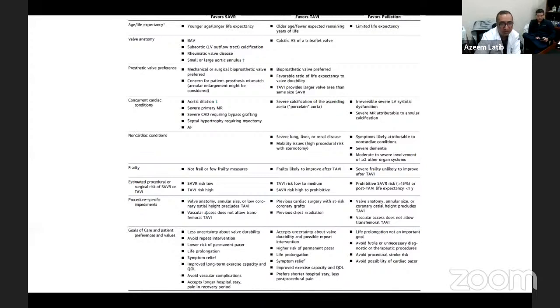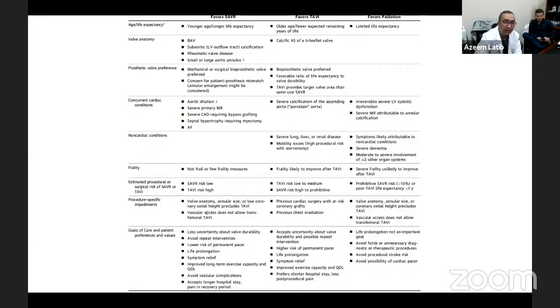But if the surgeons are reluctant to do root enlargements, you may want to do a TAVI because you will end up giving the patient a larger valve area and less patient prosthesis mismatch.